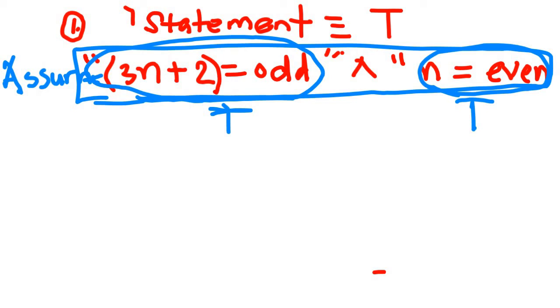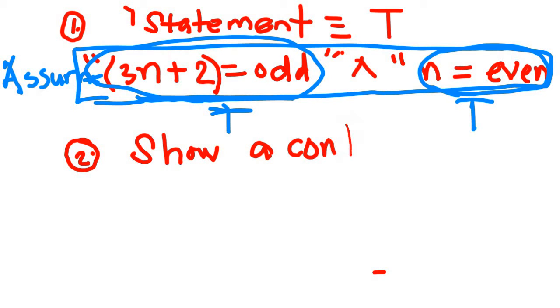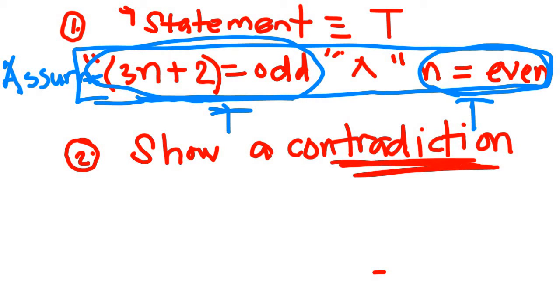The second step is to show a contradiction so that we will be able to prove the original statement, because if the negation of the statement ends up with a contradiction, then the original statement is proven to be valid.